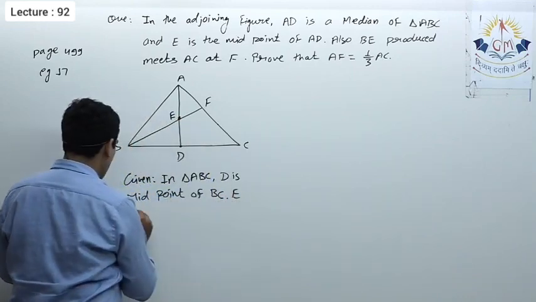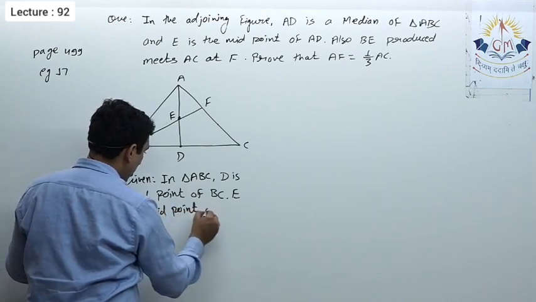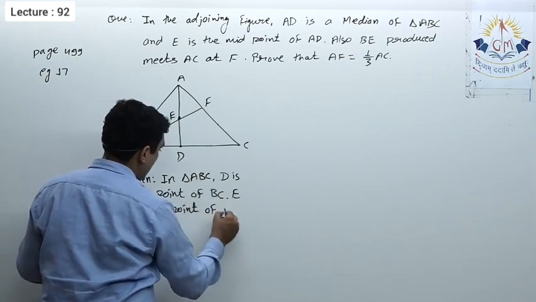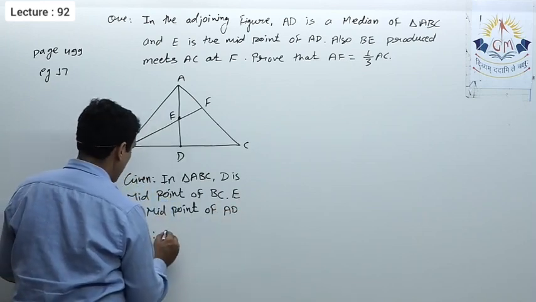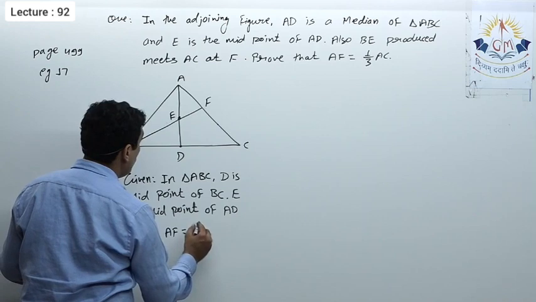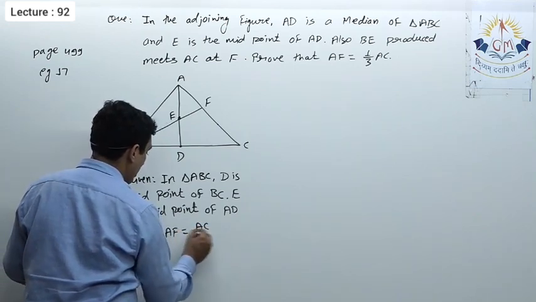Then E is the midpoint of AD. To prove: AF is equal to AC by 3.